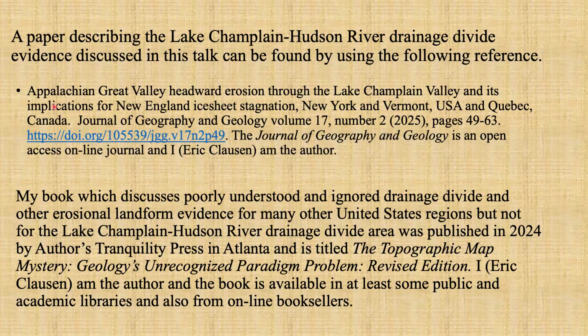It's in the Journal of Geography and Geology, Volume 17, Number 2. It's a 2025 volume, on pages 49 through 63. I've given you the link here, and I want to mention that the Journal of Geography and Geology is open access, so there's no charge to see the article.